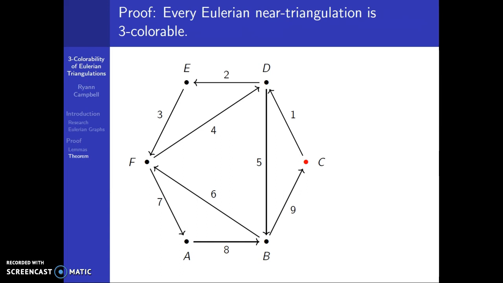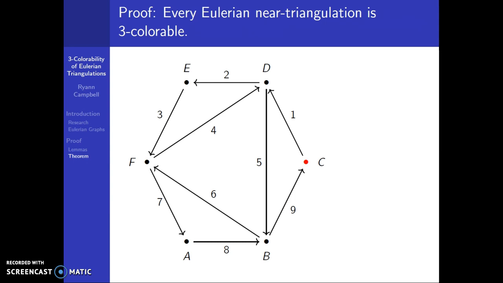Notice vertices D, F, and B. D, F, and B all have degree higher than 2. They each have an in degree of 2 and an out degree of 2, because we have 2 edges coming into each of those vertices and 2 edges coming out, which of course have to be matching numbers.